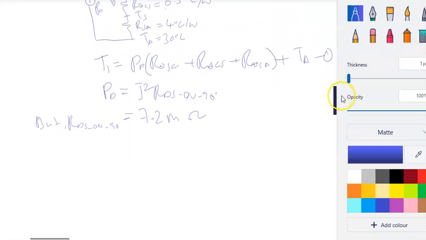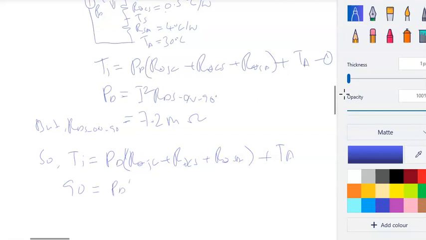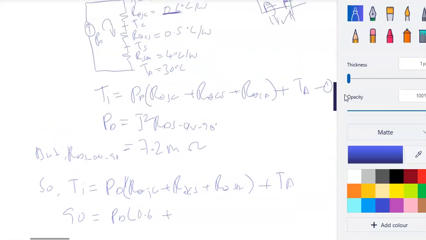Okay, you go back to number 1, so Tj is equal to PD times (R thermal Jc plus R thermal Cs plus R thermal Sa) plus Ta. You can write down here and put in all the data. R thermal Jc, we have 0.6, which we obtained up above.